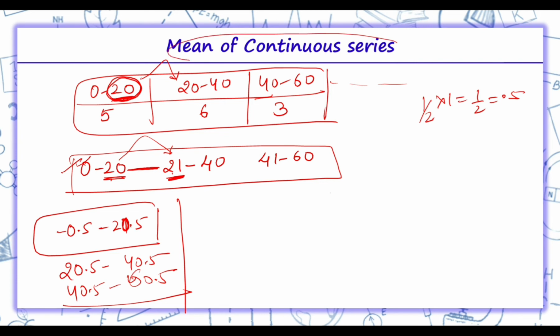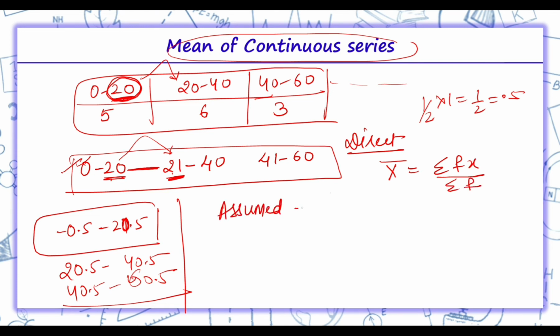Now when we are provided with a continuous series, we have three methods for finding mean. The first method is the direct method. The direct method formula is the same as we studied, summation fx by summation f. Then we have the assumed mean method, which we also studied, which is a plus summation fd by summation f. Point is, since we are provided with a class interval, how to calculate this x?